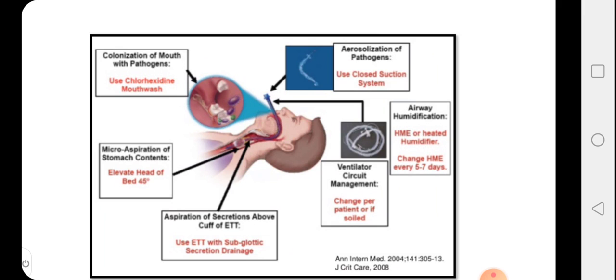Then daily or frequent aspiration of the bronchial secretions with the help of a suction catheter, and properly maintaining the ventilatory circuit. It can be in place for 7 days unless otherwise indicated to remove, and cleaning or changing the humidifier every 5 to 7 days, and using a closed suction system to avoid aerosolization or inhalation of these pathogens.